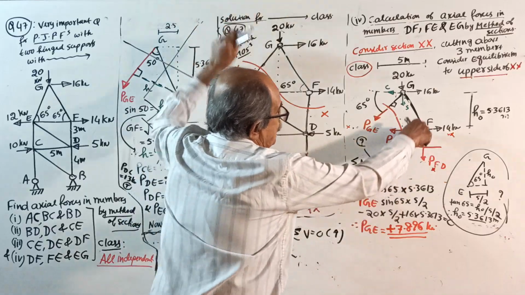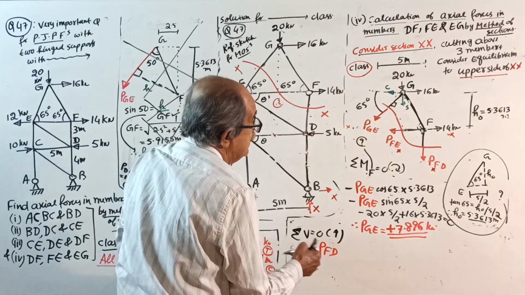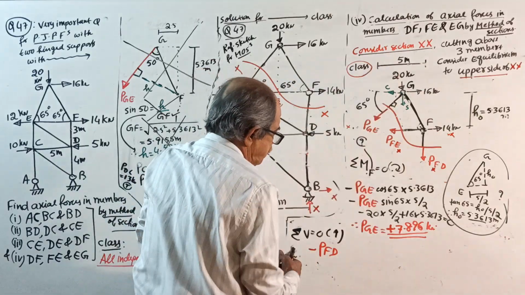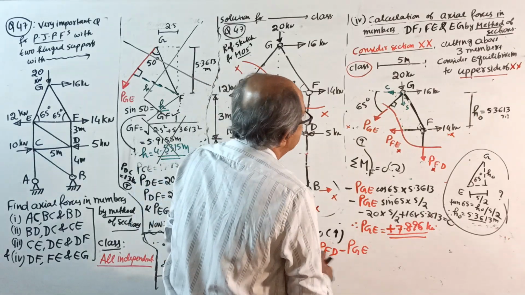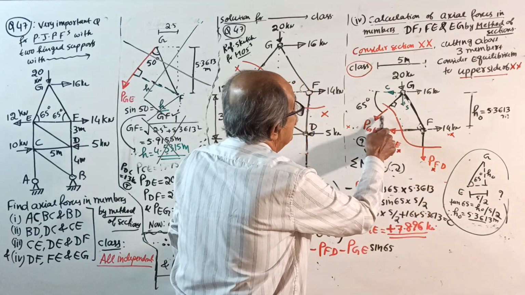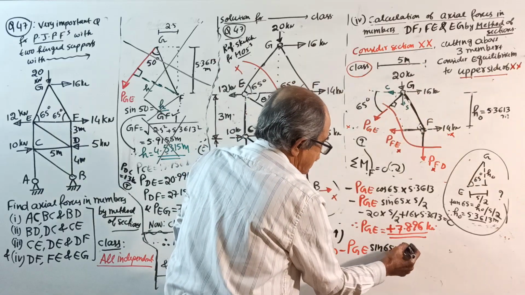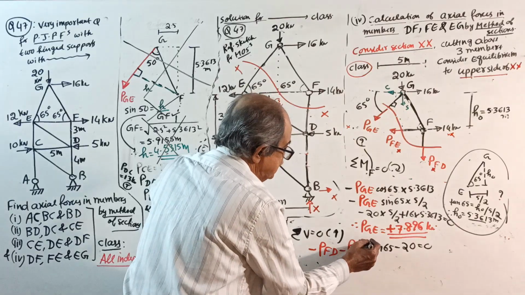Now, closing part of the question, sigma V equals 0, take upward positive. Okay, start. Minus PFD minus PGE into sin 65 and then minus 20 equal to 0. Now you know the value of PGE.